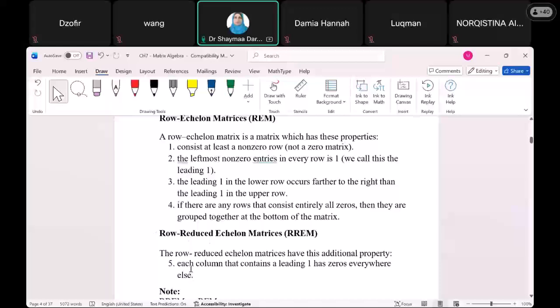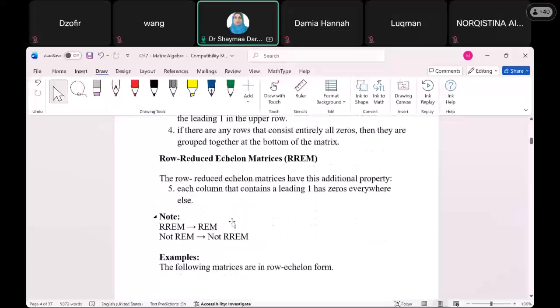The fifth condition: I have the leading ones and all the other numbers in those columns are 0.